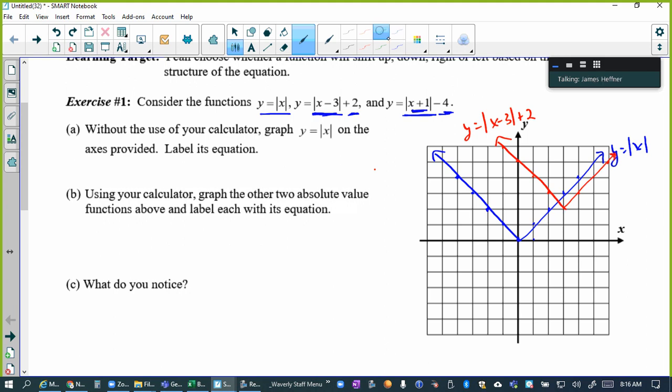So the absolute value of x plus 1 minus 4. We take the original blue graph, right? We're going to go left 1, down 4. 1, 2, 3, 4 down here, right? And every point on this, we'll go left 1, down 4, left 1, down 4. So effectively, it'll kind of look like this, right? So let's get that in there.